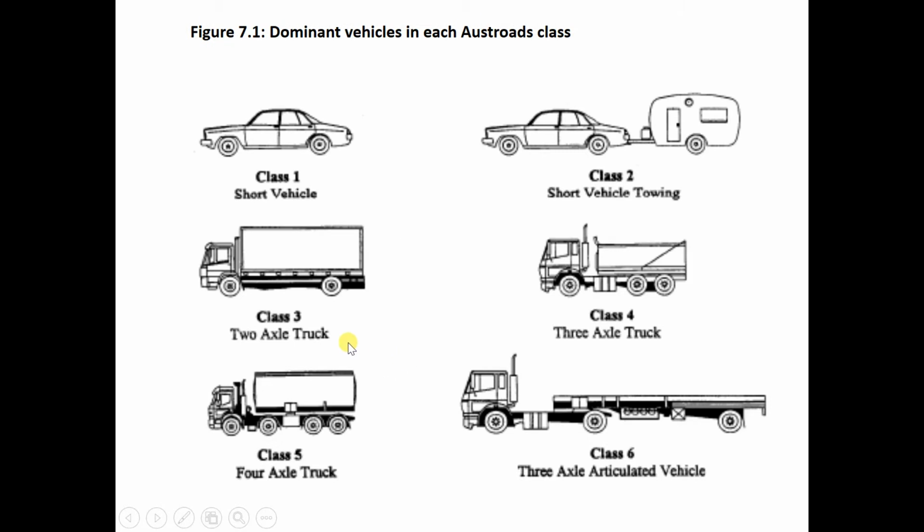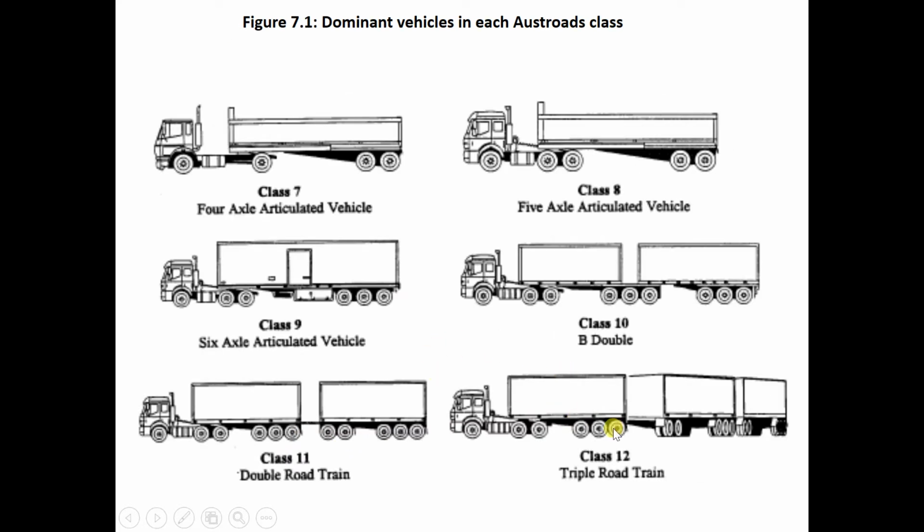Probably the smaller axles, 2 axle, 3 axle, tandem axle, are more common on the road rather than the big road trains. They are the minority. There are these heavier classes, class 10, 11, 12, but there are not that many of such vehicles.